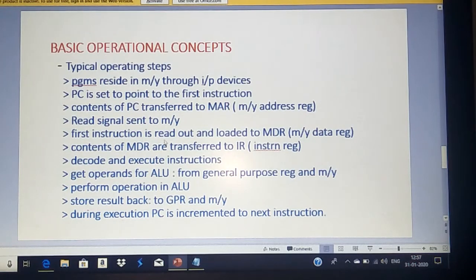The first instruction is read out and loaded to the memory data register, and the contents of the memory data register are transferred to the instruction register. Then decode and execute the instruction, get operands for the arithmetic logic unit from general purpose registers and memory, and perform the operation in the arithmetic logic unit. Then store the result back to general purpose registers and memory, and during the execution process the program counter is incremented to the next instruction.